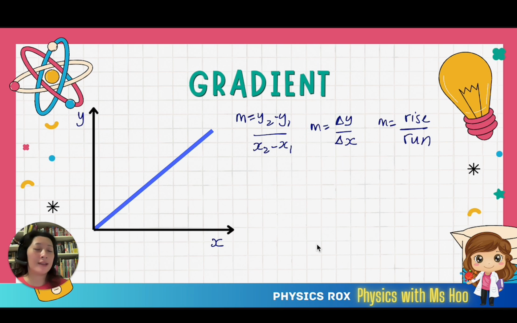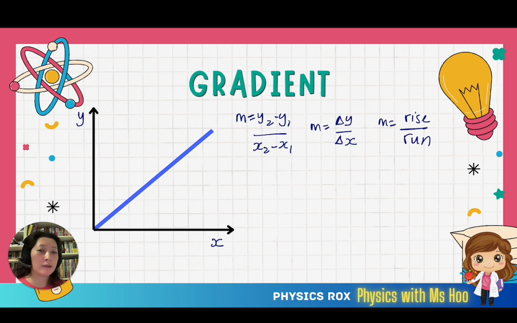Whichever formula you use, they're actually the same thing, because when you look at whatever's on the top of the fraction, they're all the change in y. So the rise is the change in y. Whereas if you look at the bottom, it's the change in x. Run is a horizontal calculation, so it's the change in x.